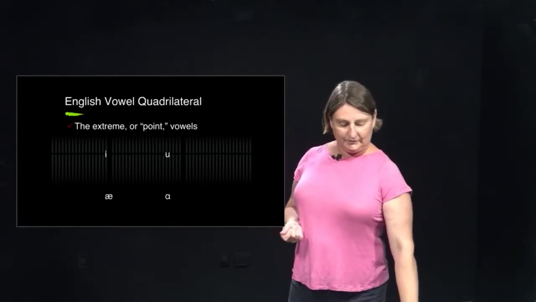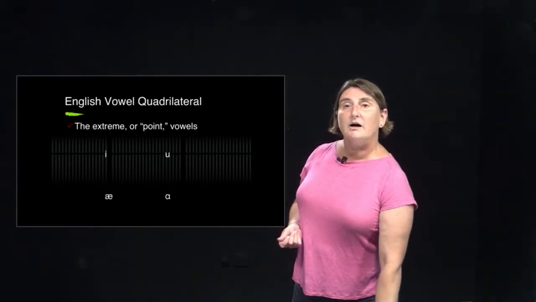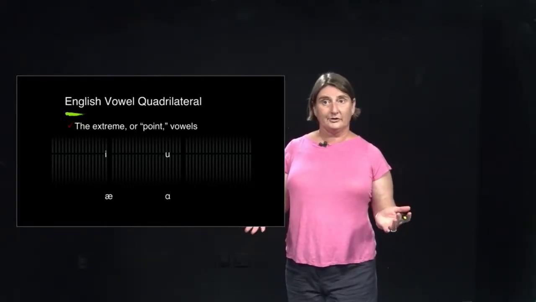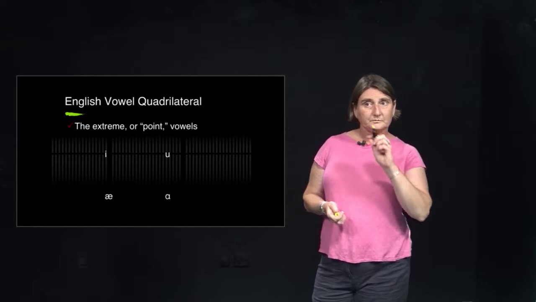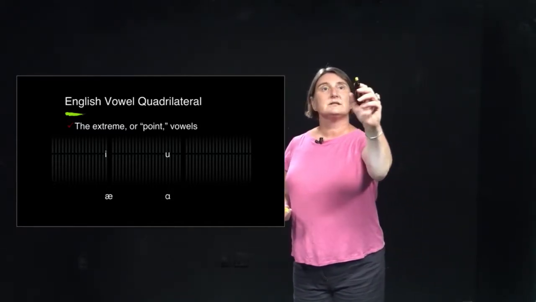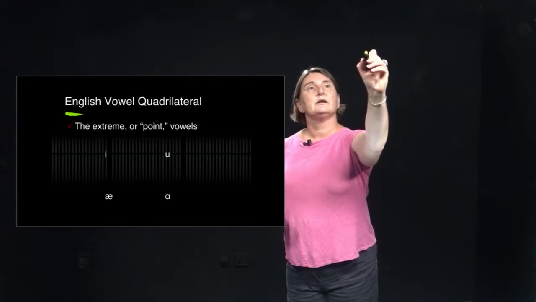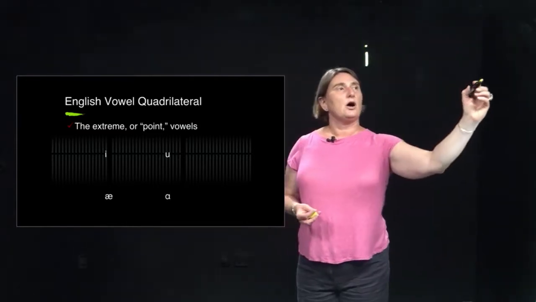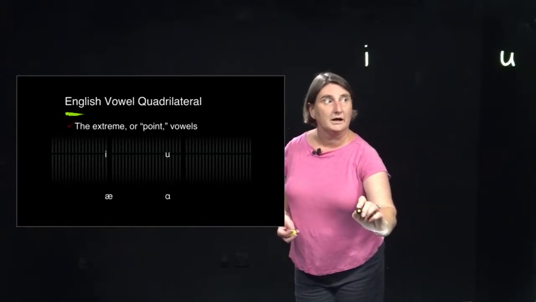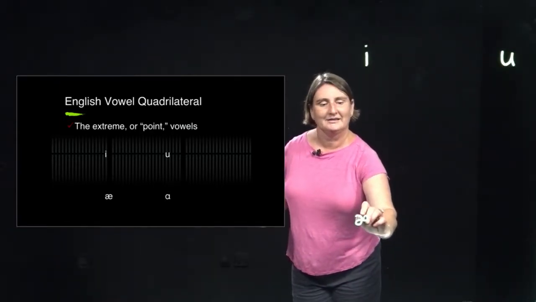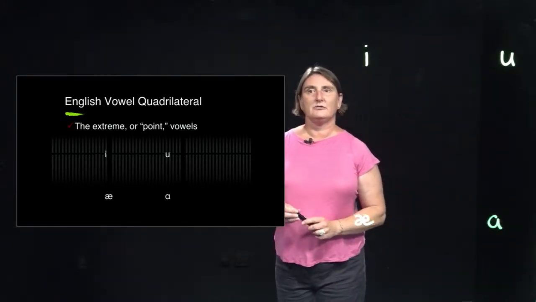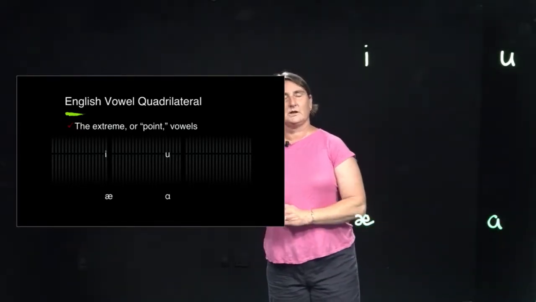So one way that we can represent our vowels in English is through a quadrilateral or a vowel shape. So right now I've got the, let's see, right here, this will be good, okay. These are what we call our point vowels because, look, they're at the points or the edges of the vowel system, okay?